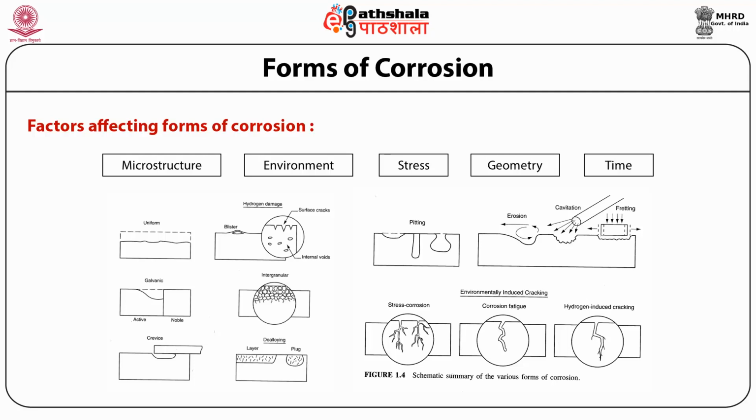In the next figure, we have galvanic, where we have the intergranular. The third figure shows the crevice, and on the right-hand side of the figure, there is de-alloying. Now, on the right-hand side, we have the different environmentally induced cracking, and in the figures below, we have stress corrosion, corrosion fatigue, and hydrogen induced cracking.